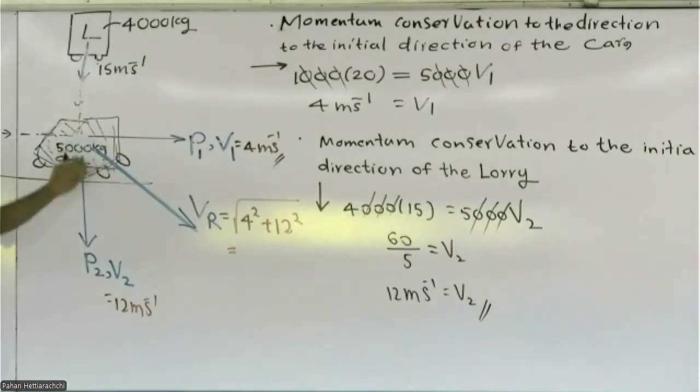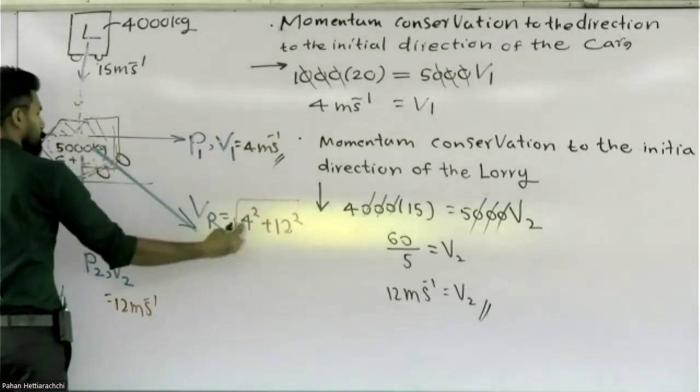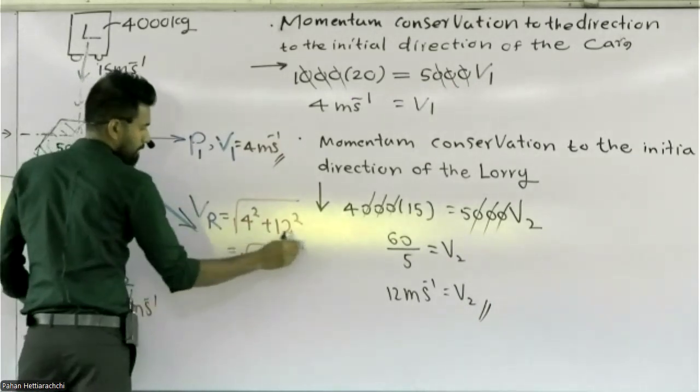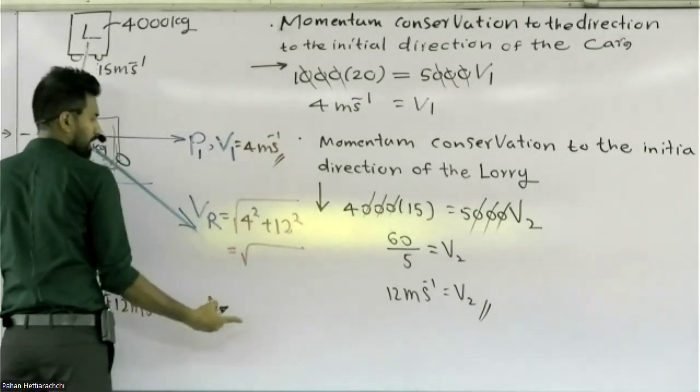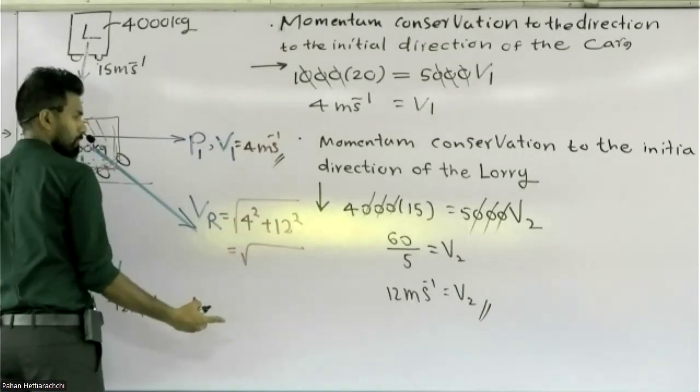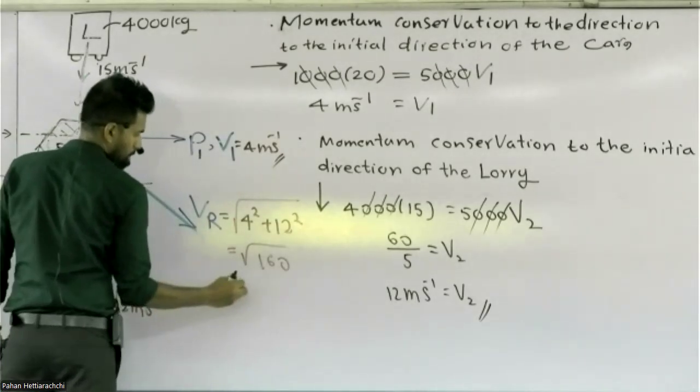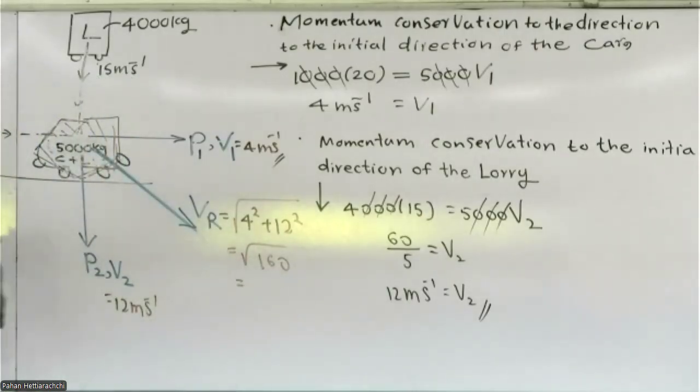So in this direction it's 12, in this direction it's 4. So the resultant is 4 squared plus 12 squared, 16 plus 144, root 160.